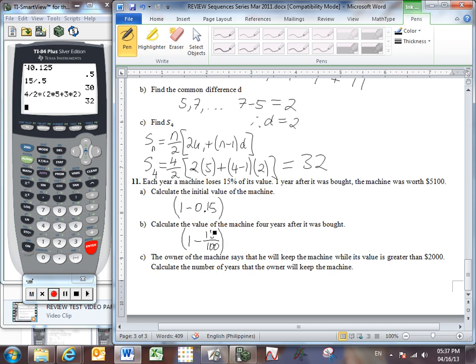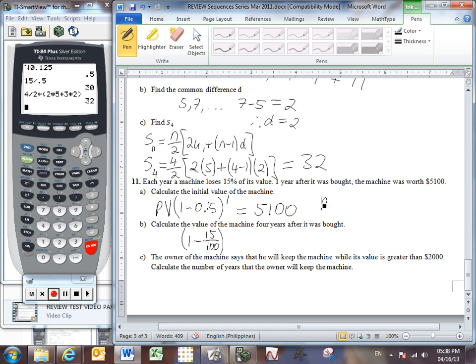Alright. 1 year after it was bought, so it's already lost this 15% for 1 year, the machine was worth 5,100. So the initial amount that it was worth is, let's call it, the present value of the machine. And 1 year from now, the future value will be 5,100. There's 1 year from now. And the present value is only going to be worth 85% of what it was.